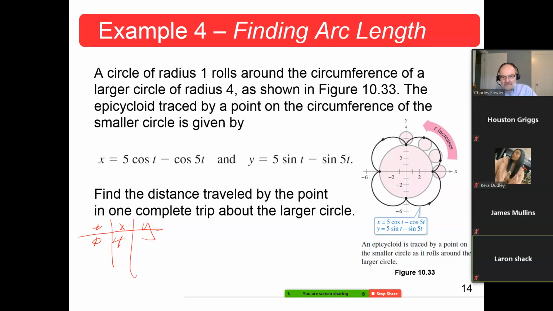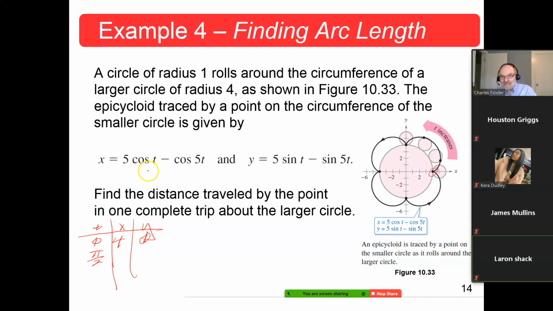When t is equal to 0 here, sine of 0 is 0. 5 times 0 is 0. Sine of 0 is 0. So it's 0 minus 0 is 0. Sure enough, that's this point right here. So we are starting at the right point here. Okay? Now, let's go to another one. Let's go to t equal pi halves and see where we wind up. t is equal to pi halves.